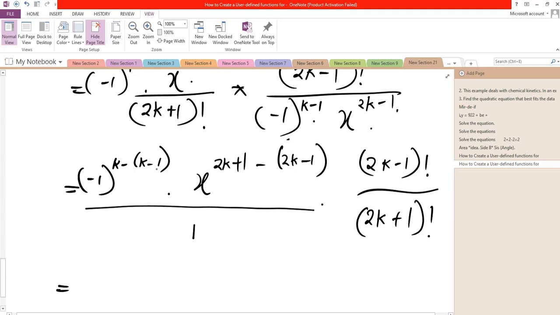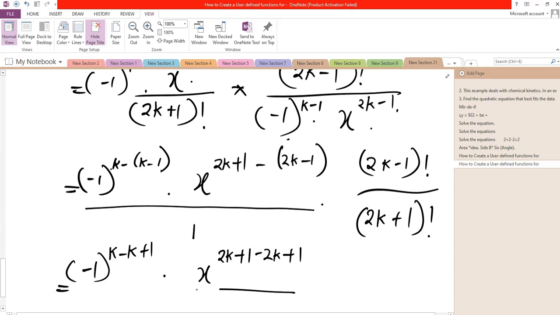Now if you open up this power, you have minus 1 raised to power k minus k plus 1, times x raised to power 2k minus 1 minus 2k plus 1.